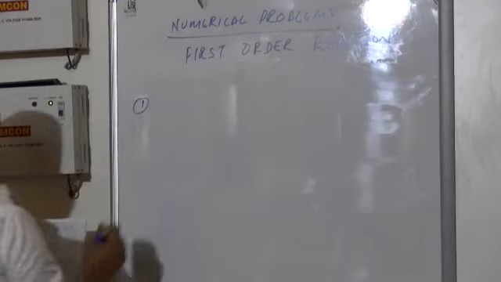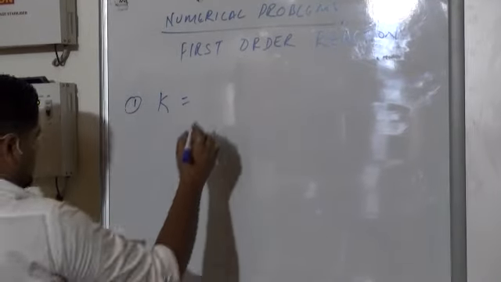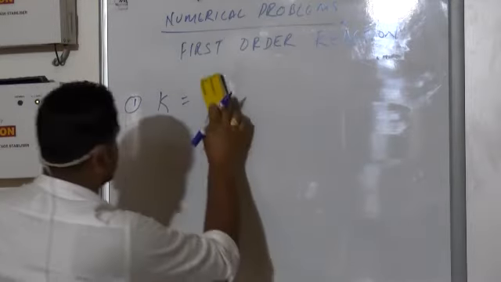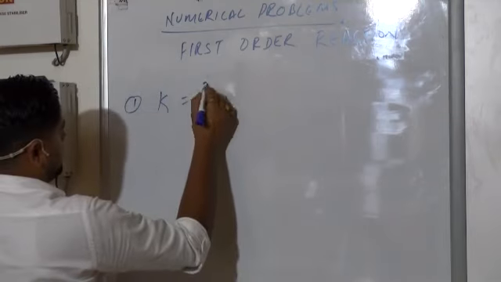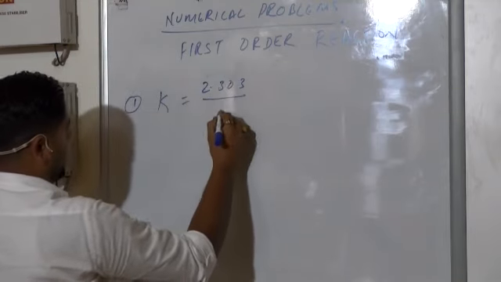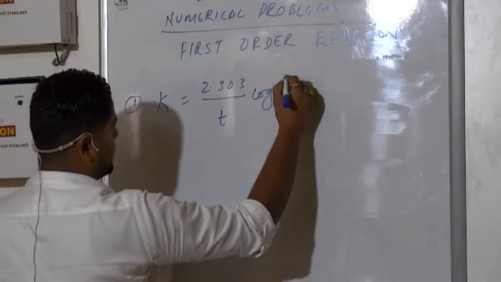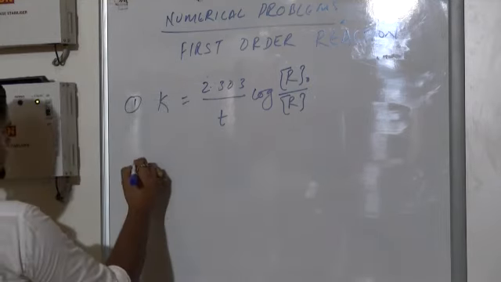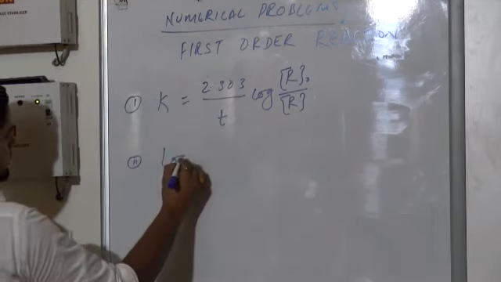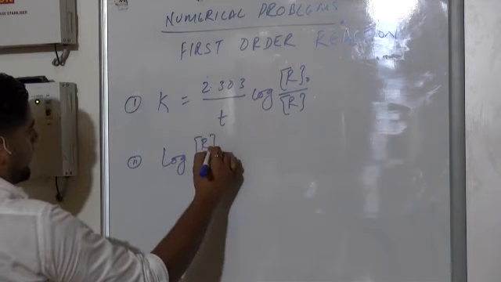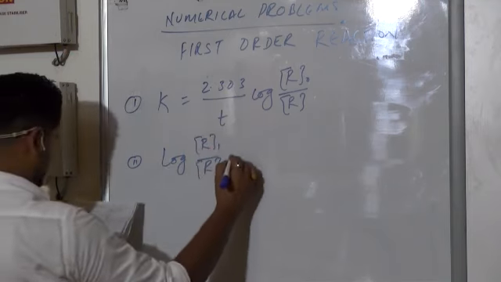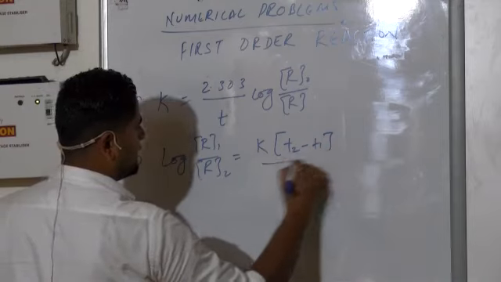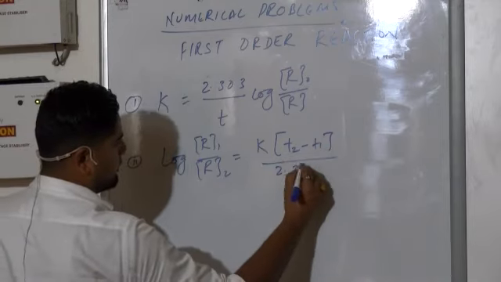Number one is the rate expression for the first order reaction: K is equal to 2.303 divided by T, log of R initial concentration by R. Number two, we are going to use log R1 by R2 is equal to K times (T2 minus T1) divided by 2.303.